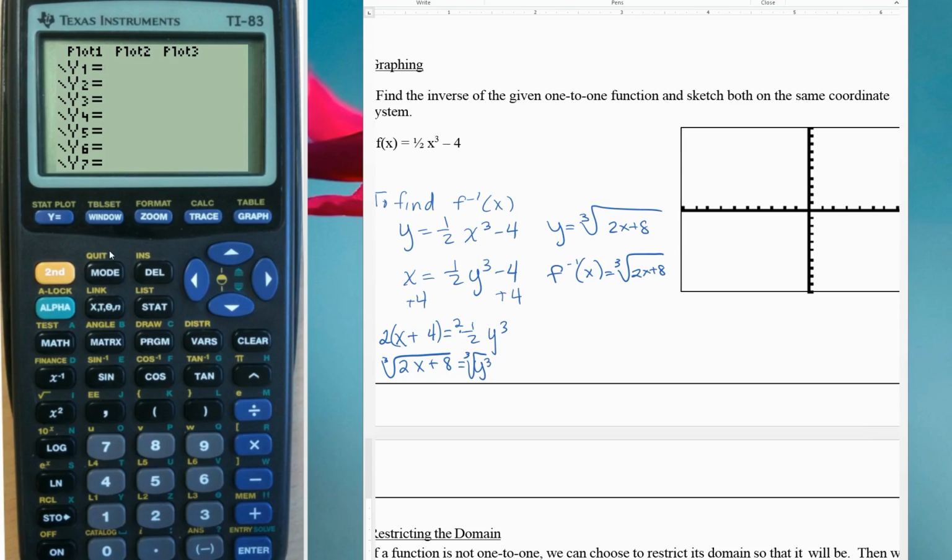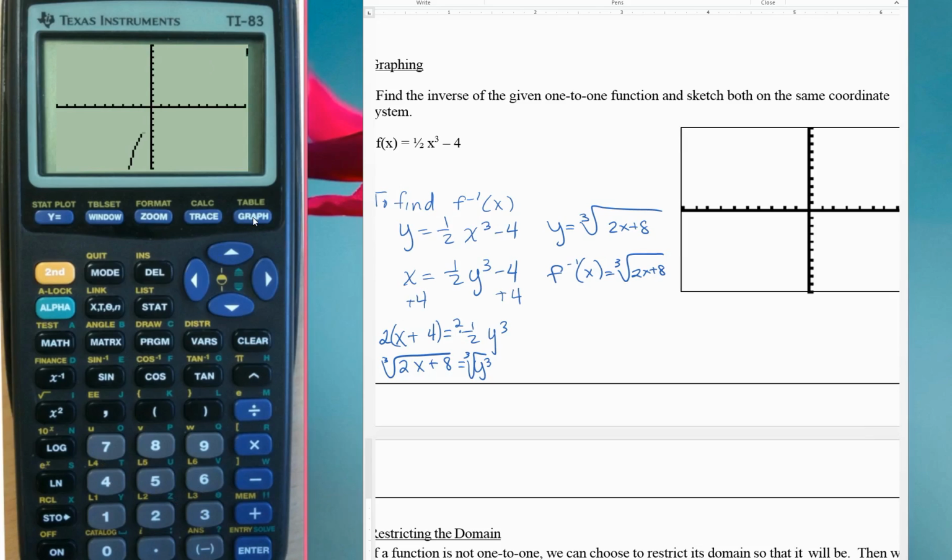Okay, so now we're going to graph both of these. First I'm going to put in 1/2 x cubed minus 4. And we can think about that as a transformation of x cubed, right?